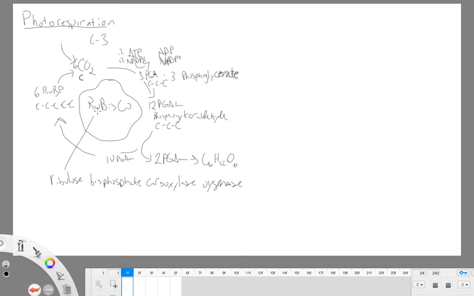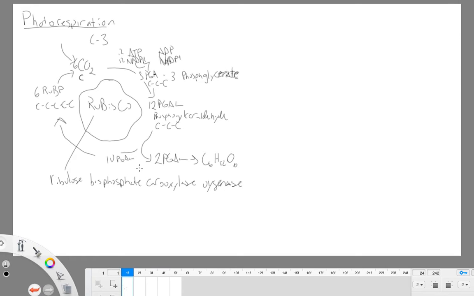Now, an issue with this Rubisco is that, and you can kind of get it from the name, right? Carboxylase makes you think carbon dioxide is being combined with this ribulose bisphosphate, but it also has oxygenase in the name.